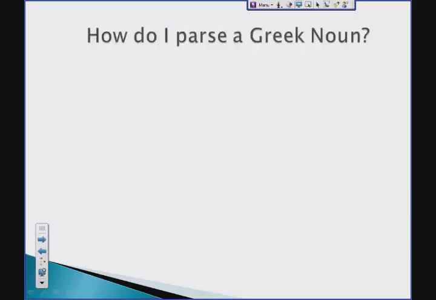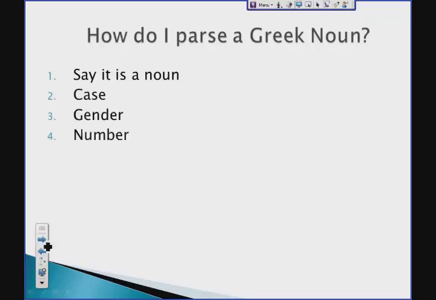The definite article, that is that. How do I parse a Greek noun? You have done this last week. I want you to tell me it is a noun. You must identify it. And then the three main characteristics of the Greek noun: case, number, and gender.